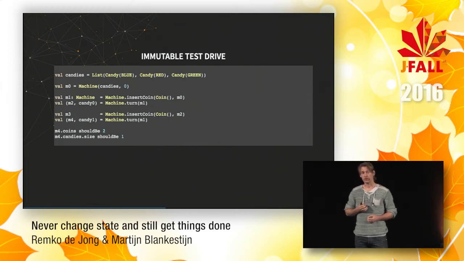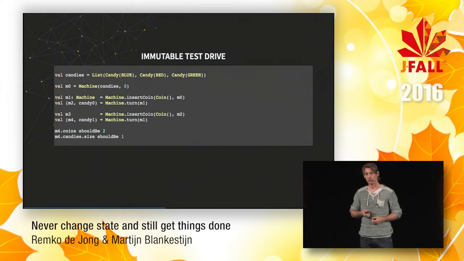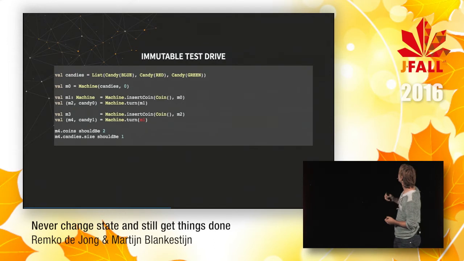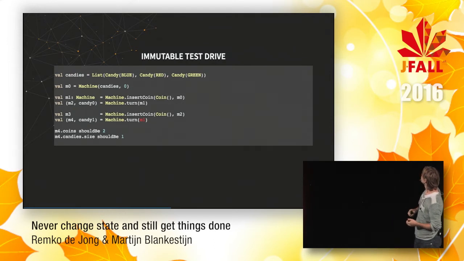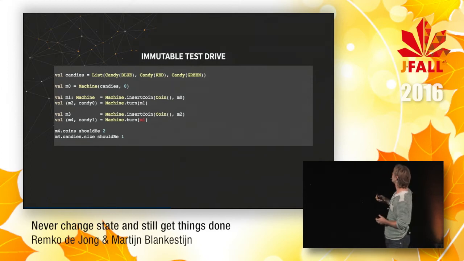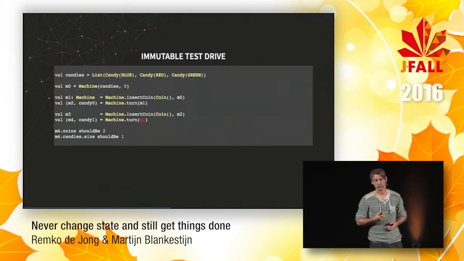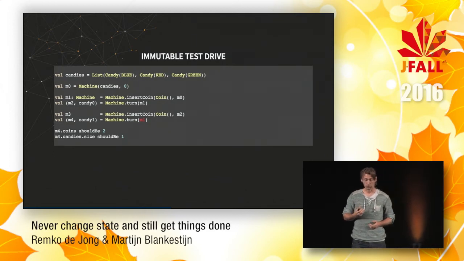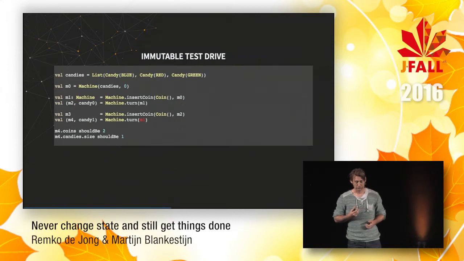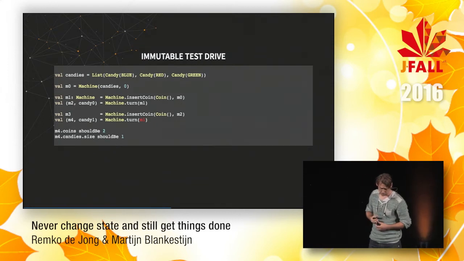So, did anybody spot the bug in this code? Exactly. I'm not sure if you can see it, but the final state in the second call of the turn method should be red now. We're actually passing M1 twice. That's obviously a bug, because we probably meant to pass the second state as input instead of the first again.